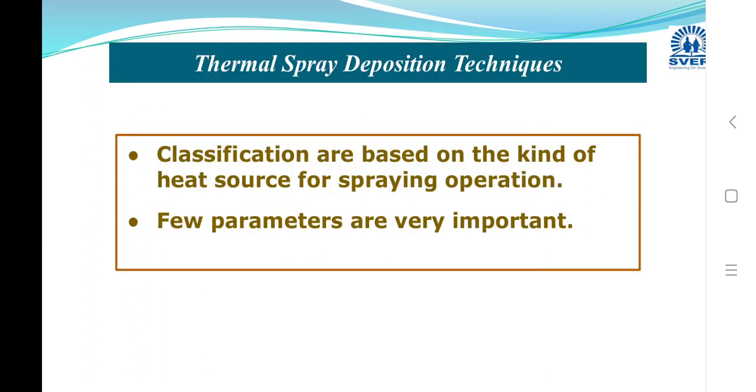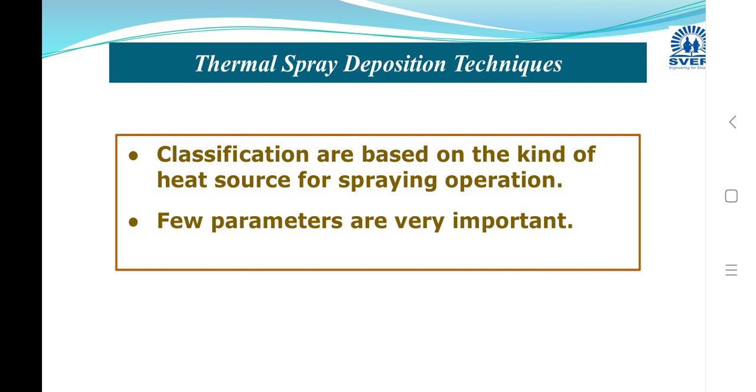As I mentioned, a wide variety of thermal deposition techniques are available. These classifications are based on the kind of heat source you are using for the spraying operation and some other parameters, like velocity parameters, or maybe the speed of the coating.